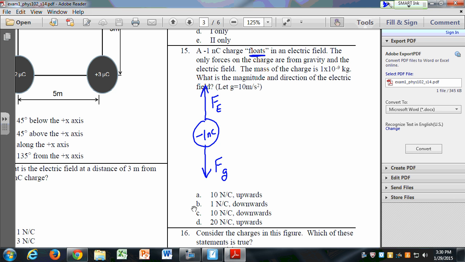First, we want to ask ourselves, what is the direction of the electric field? Positive charges feel a force that's in the direction of the electric field. So what must be the direction of this electric field for this negative charge in order to produce a force that is directed upward?